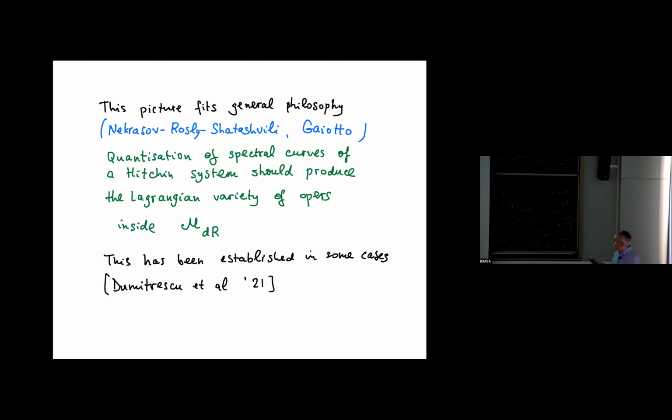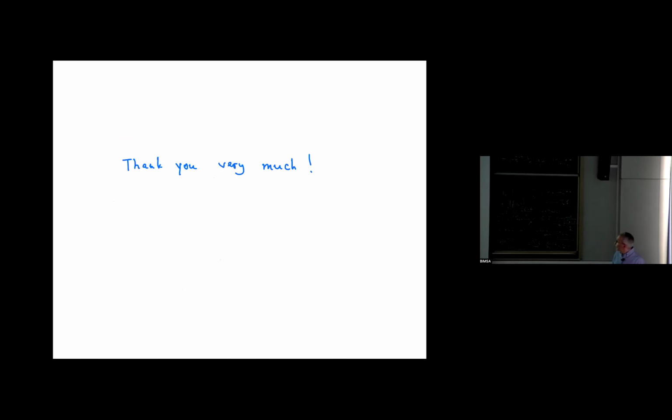For complete curves, for GL_N, it has been established already, but here we're dealing with the case of weakly parabolic systems. So there is no general result in this case, and this is just an illustration. Okay, I'll stop here. Thank you very much.